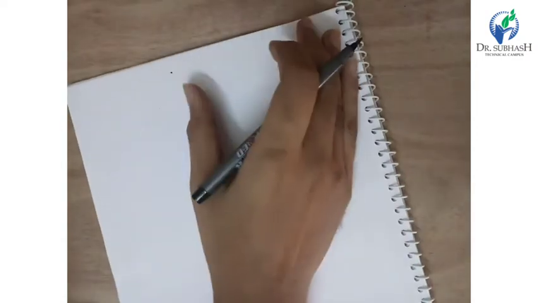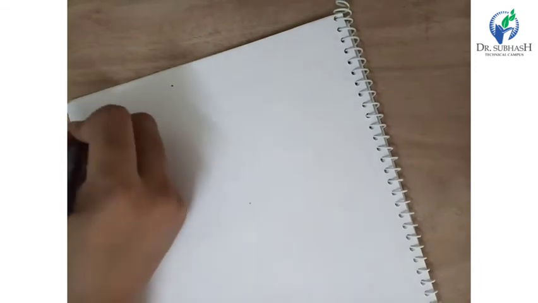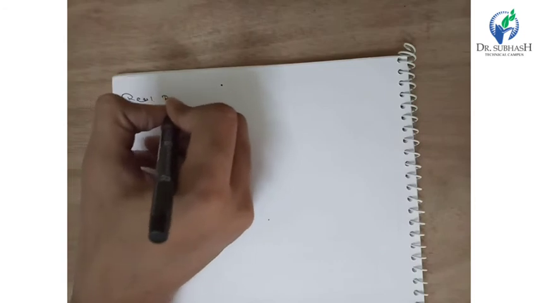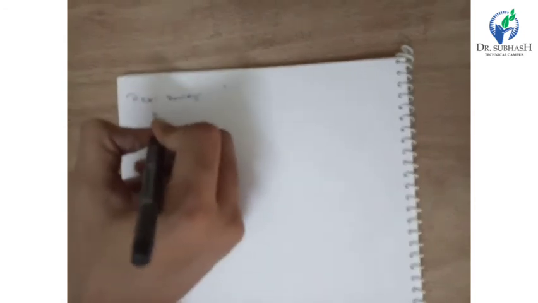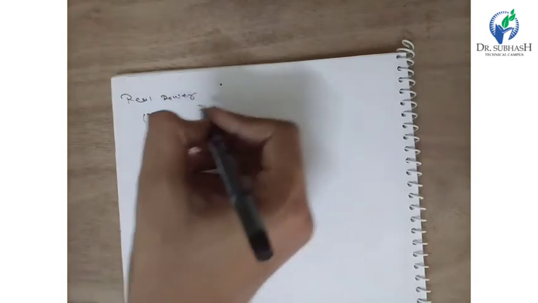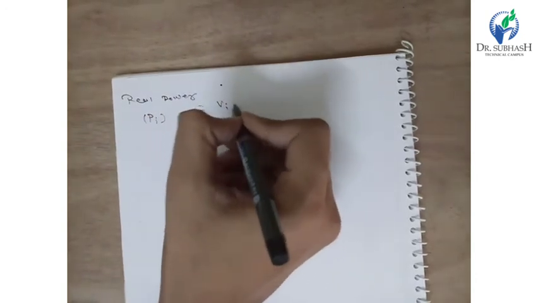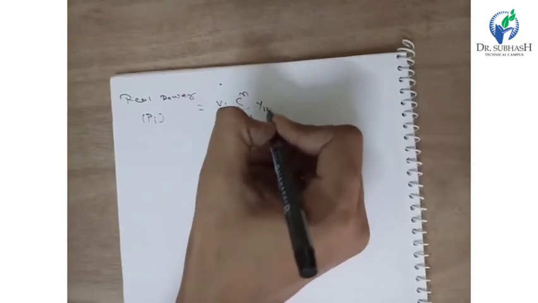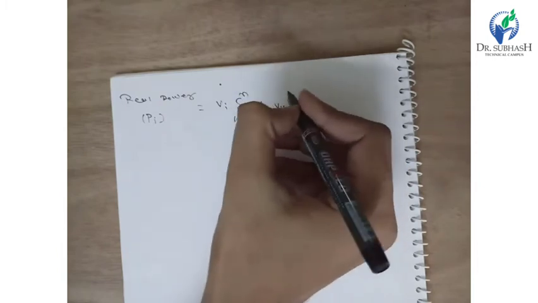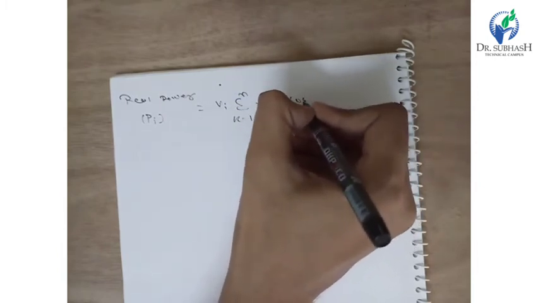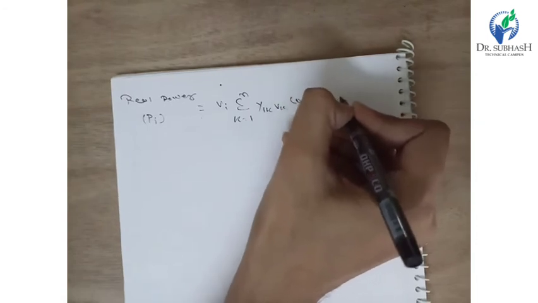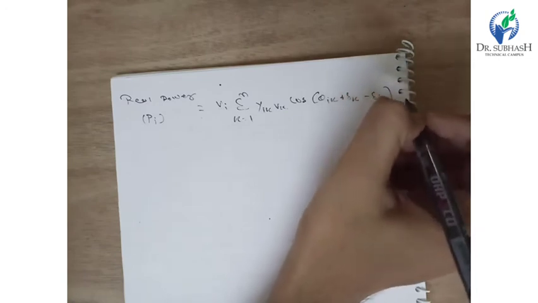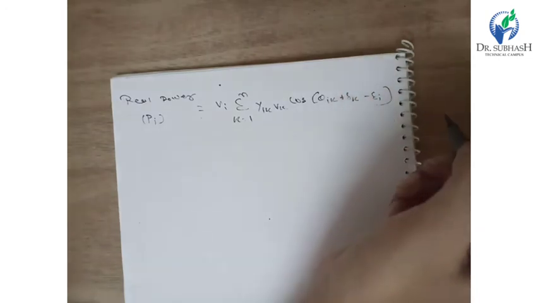For the real power, Pi is equal to Vi times the sum over k equal to 1 up to n of Yik into Vk, and the angle is cos of theta ik plus delta k minus delta i.